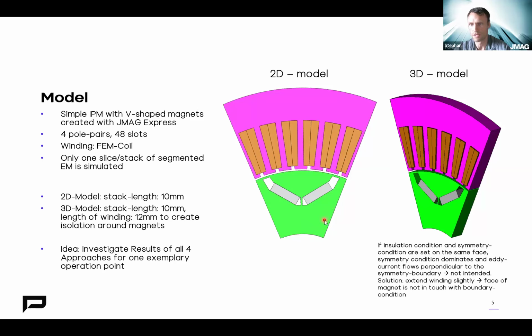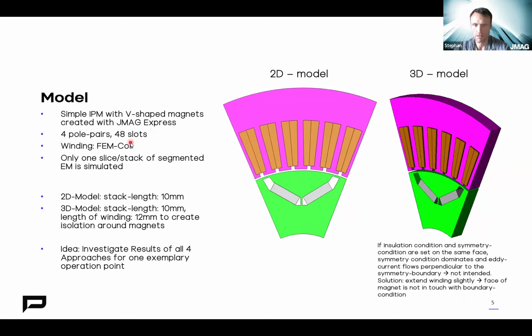It's because this shall just be an exemplary use case for the e-motor itself. So it's a machine with 4 pole pairs and 48 slots. So this is a very typical e-motor variant for traction e-motors.